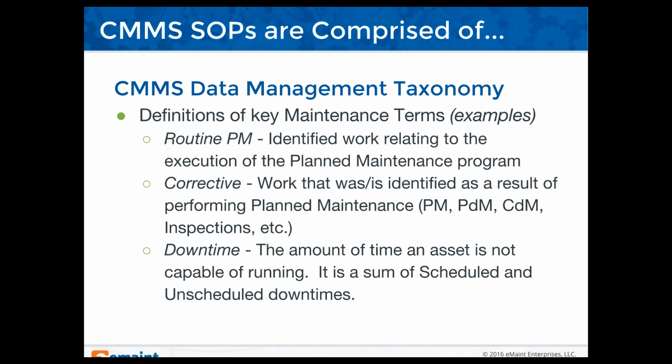And more to that in relation to the different types of information that we capture to allow us to improve. And what we're talking about here is improving potentially routine preventive maintenance, corrective maintenance, and downtime, and so on. Again, more terms, more definitions.